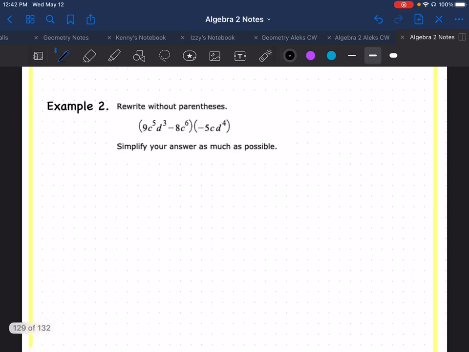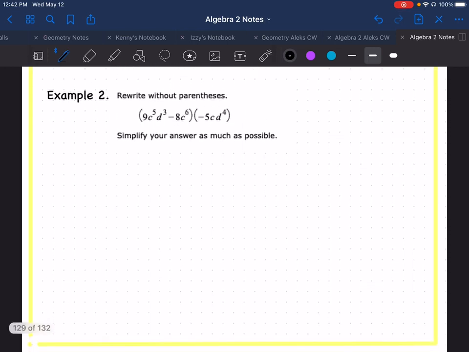All right, let's take a look at example 2. Rewrite without parentheses. Now this problem is actually exactly the same as the one that we just did. We're going to distribute first to here. So I'm going to do negative 5c d to the 4th power times 9c to the 5th power d to the 3rd power.